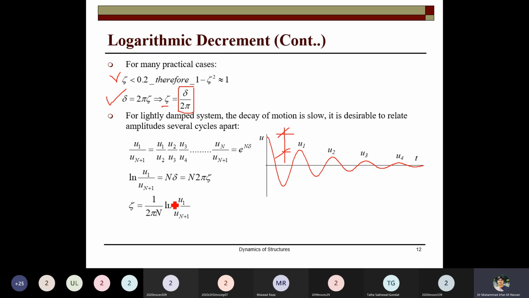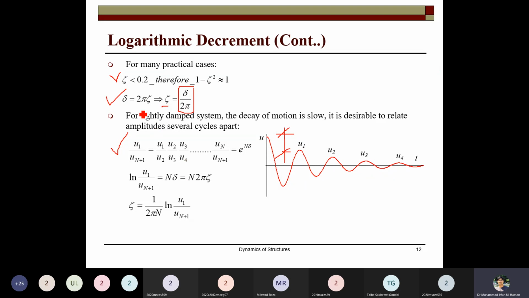Or you can say that the zeta value is equal to 1 over, this is the general form, for a lightly damped system. For a lightly damped system, when zeta is very small, the log of the ratio of the first and any other displacement is n times the delta value.